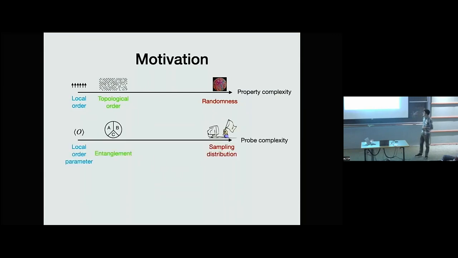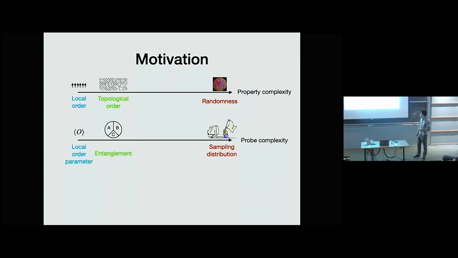Correspondingly, to probe these aspects, one needs diagnostics of increasing complexity. For example, for local order, it's pretty simple. Just a local order parameter usually suffices. But then you need things like entanglement, or even sampling a wave function in a given basis.